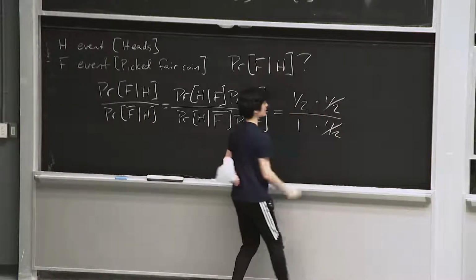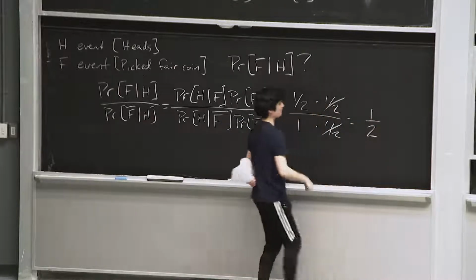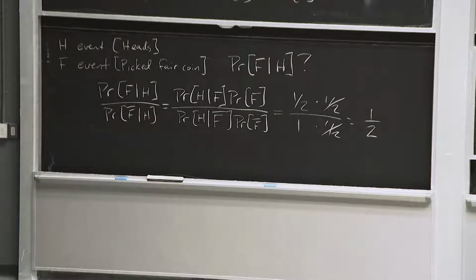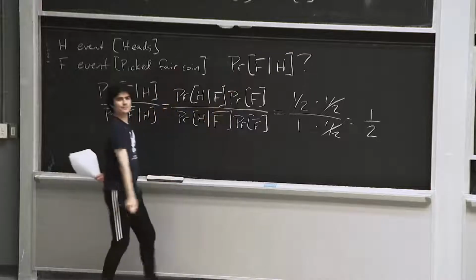So those just cancel, and we are left with 1/2. Now, what is this probability?